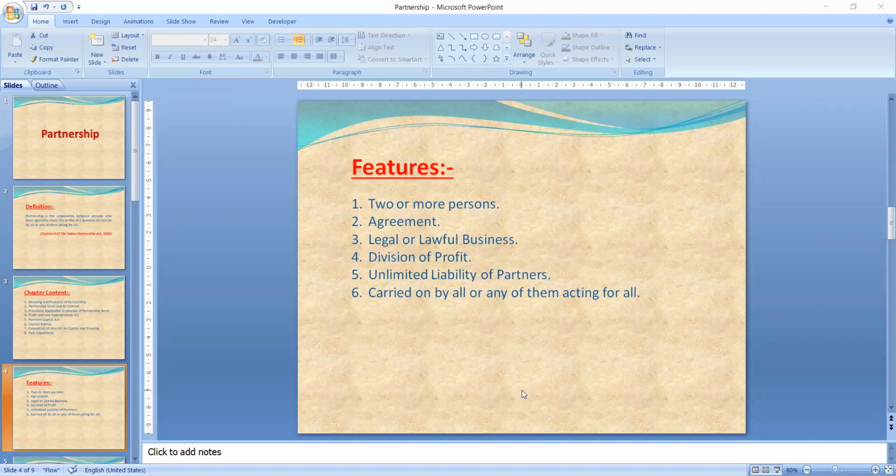So division of profit is required for the relationship of partners. If you do not divide the profit or loss of the business, then you are not partners. If you pay anyone other than from profit, then he is not your partner.